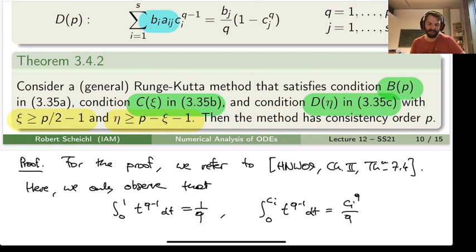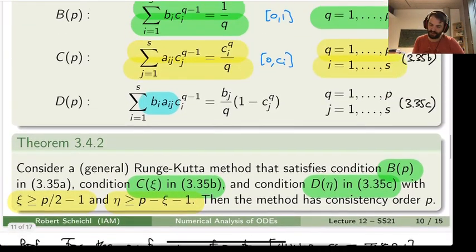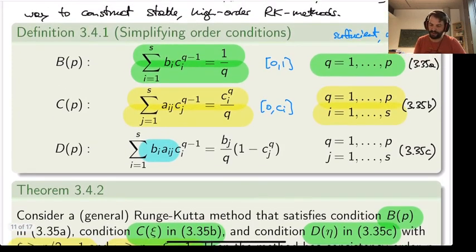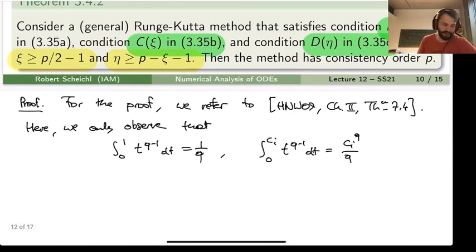So this is basically what I said earlier. This condition simply states order of accuracy for the quadrature rule with the b_i, and this condition here simply states consistency order of the quadrature rule for the stage equations.